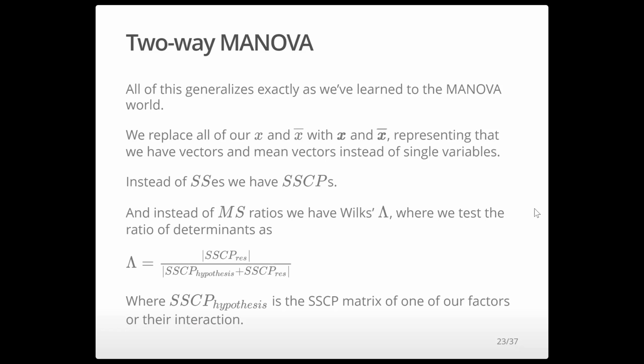And instead of mean square ratios, we have Wilks' lambda, where we test the ratio of the determinants of the sums of squares of the residual. So the sums of squares within divided by the sums of squares of the hypothesis plus the sums of squares of the residual. And these are SSCPs, sums of squares and cross products. So the SSCP hypothesis is the SSCP matrix for one of our factors or their interaction.